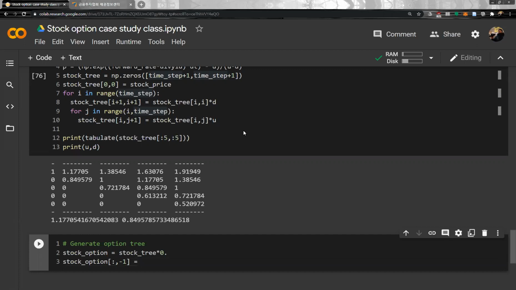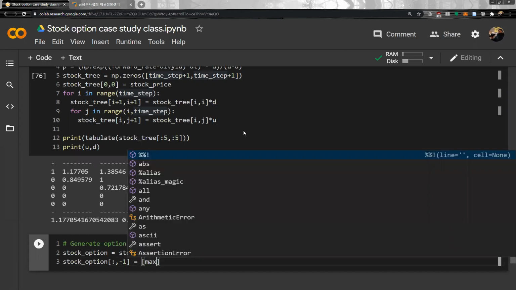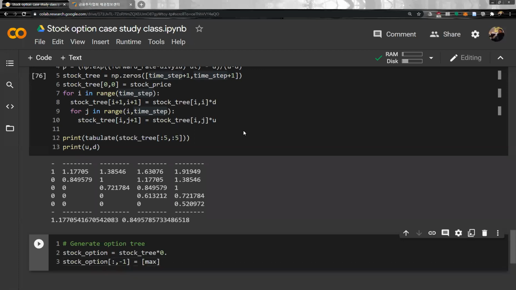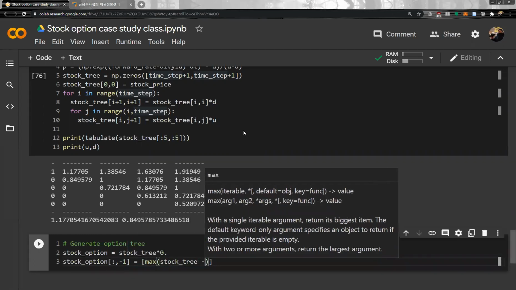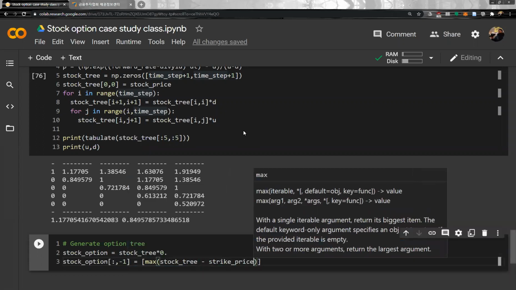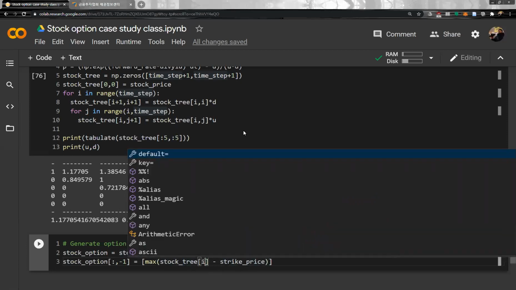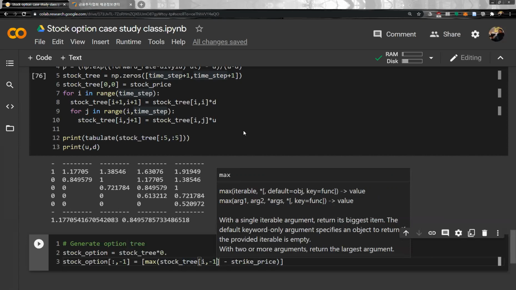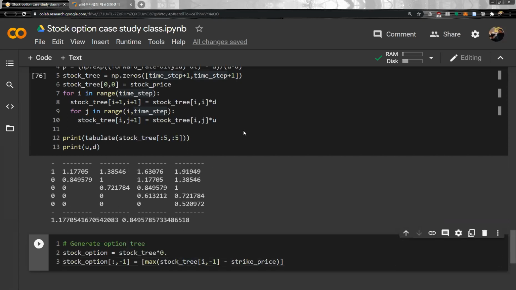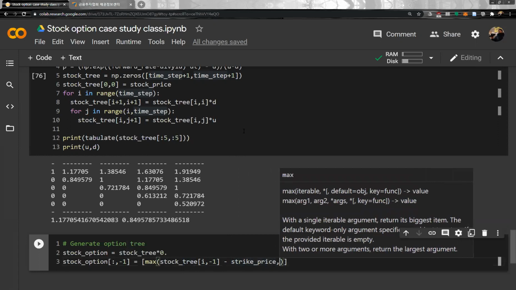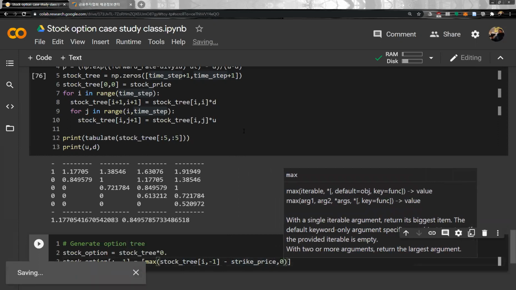Terminal column is basically max of stock price minus strike price, max of stock tree minus strike price, and then 0. I is the row and then the last column. So the stock option is exercised only when it is positive.